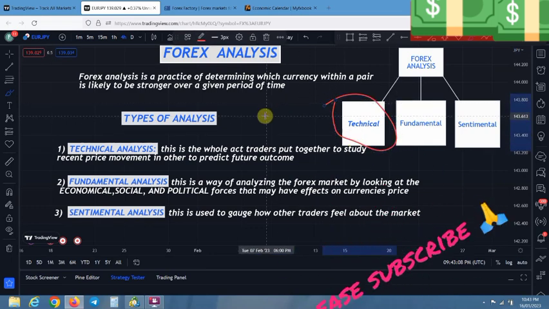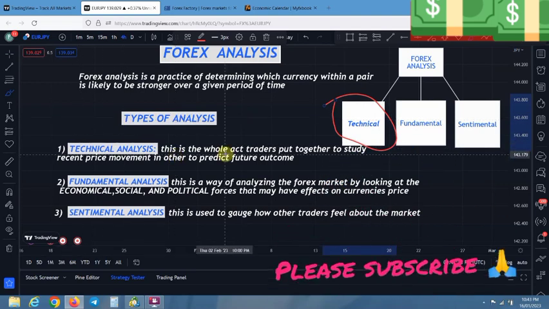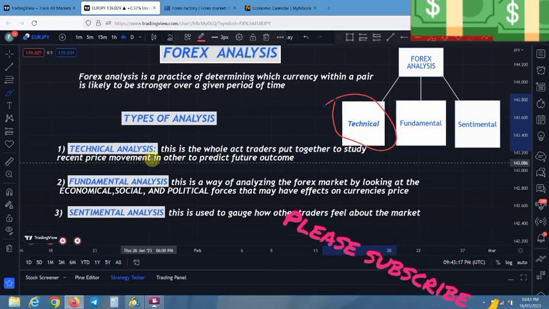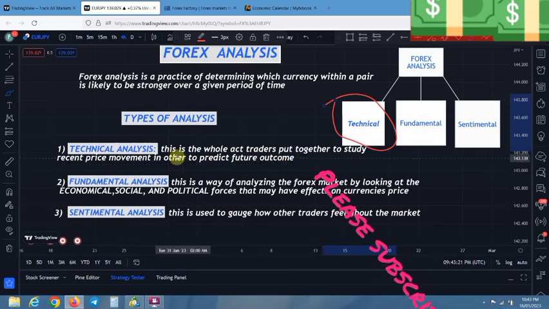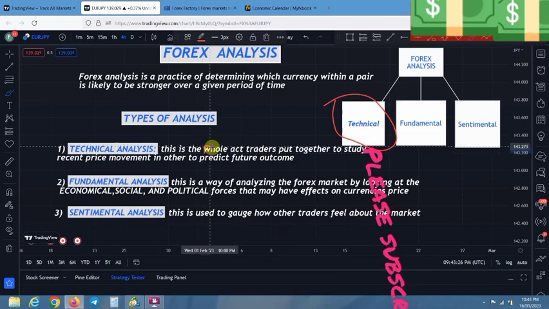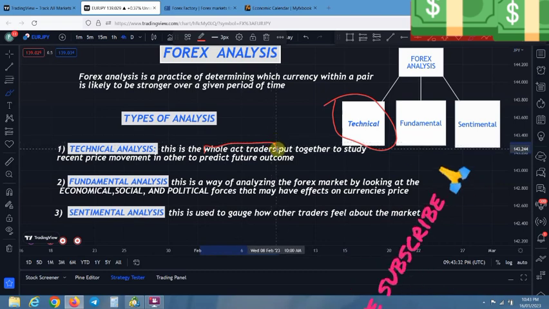Okay, so I made mention here that technical analysis is the whole act put together to study recent price movement in order to predict future outcome. Right, so I want you guys to underline one thing: the whole act, the whole act that traders put together.